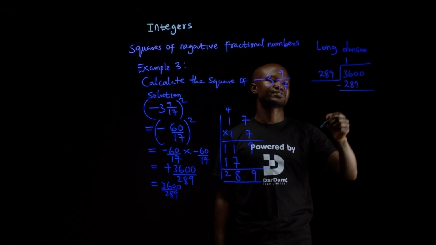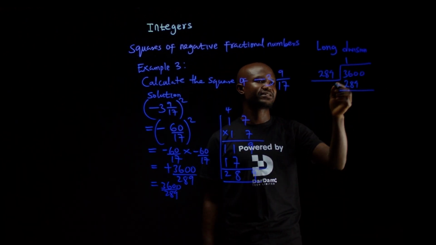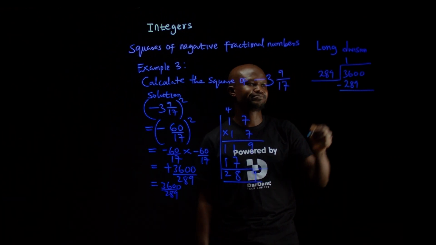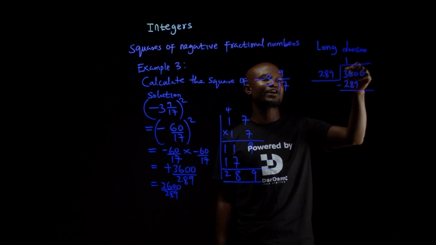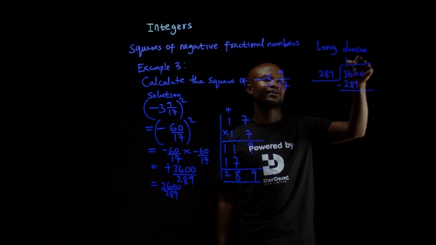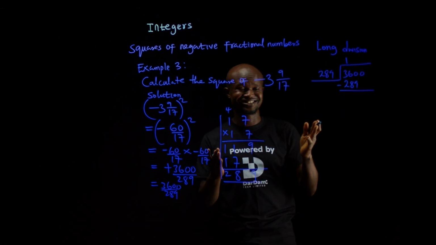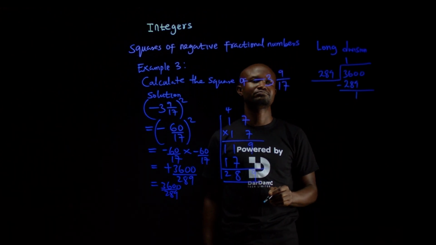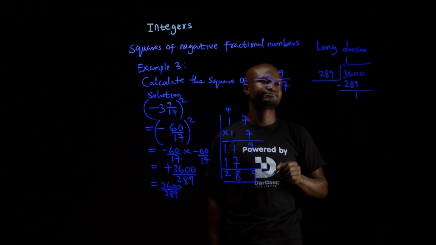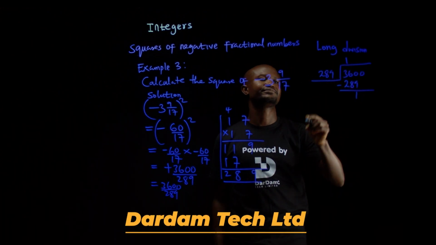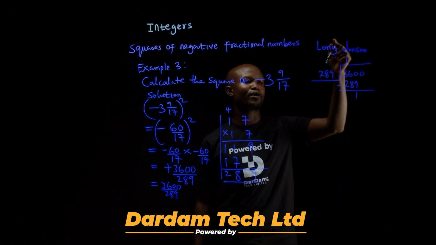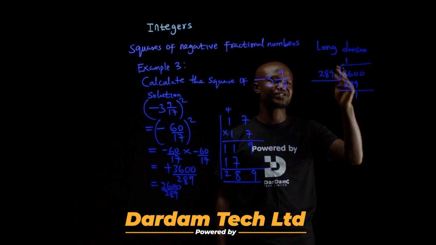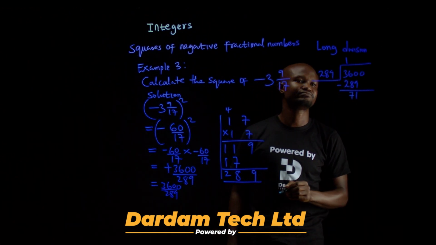In this case, we take away 360 minus 289. First, you have to borrow 1 from here to this 0, we have 10. 10 minus 9, we have 1. Don't forget we have 5 here, because we have borrowed 1. Now, we borrow 1 from this 3 also, to this 5, we have 15. 15 minus 8, that is 7.